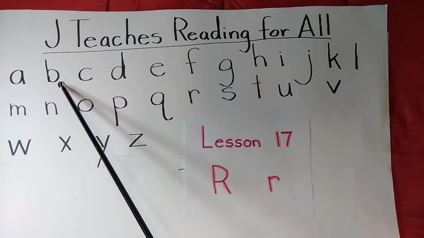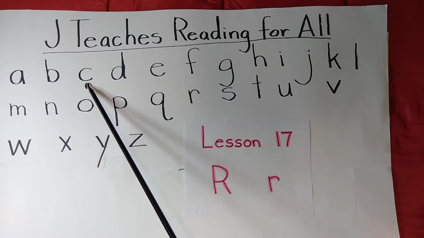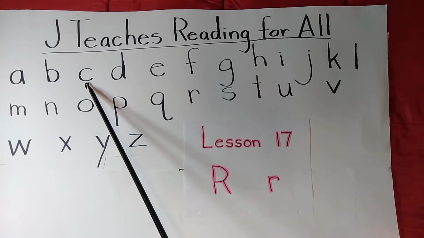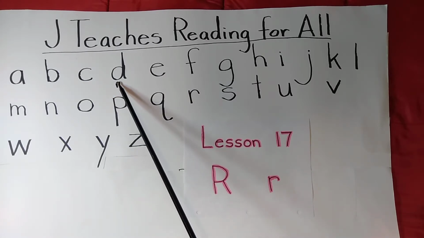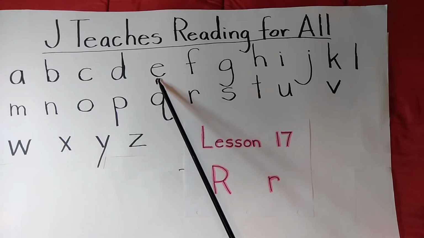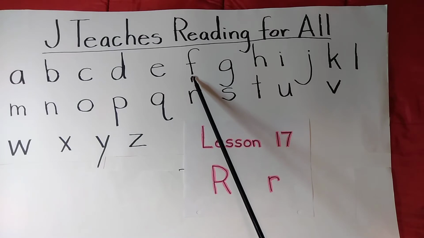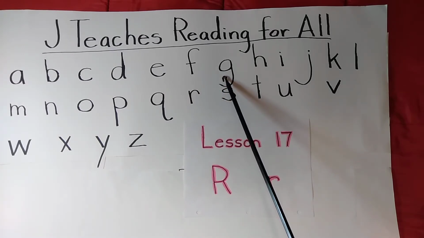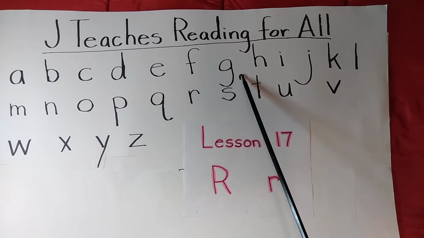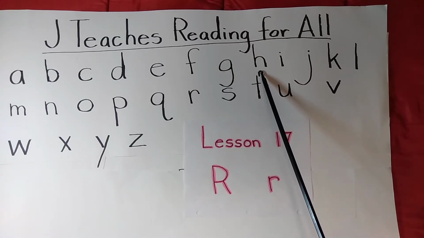We'll continue, students, with the review of sounds. C, cap. D, donut. E, egg. F, flag. G, gun. H, house.